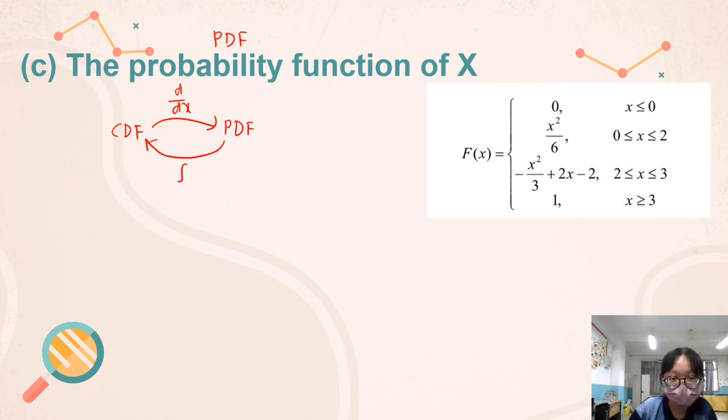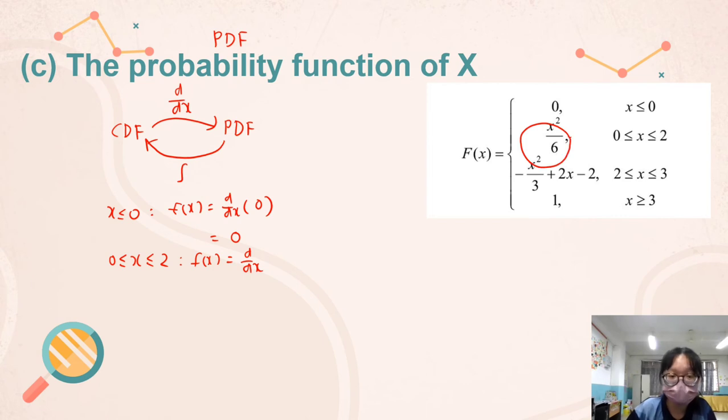For x smaller than or equal to 0, f(x) equals the derivative of 0, which is 0. Then for x between 0 and 2, we differentiate this function, x squared over 6. So we get 2x over 6, and the final answer is x over 3.